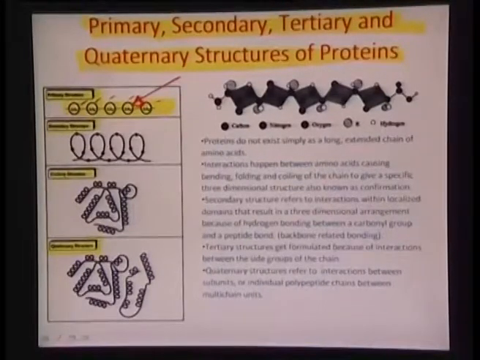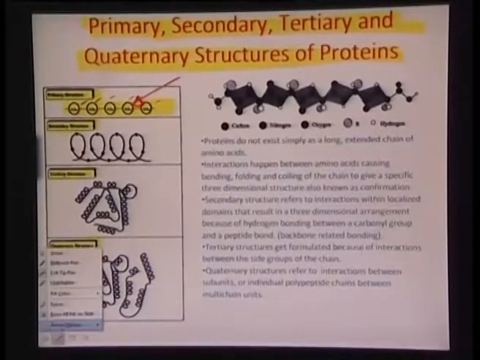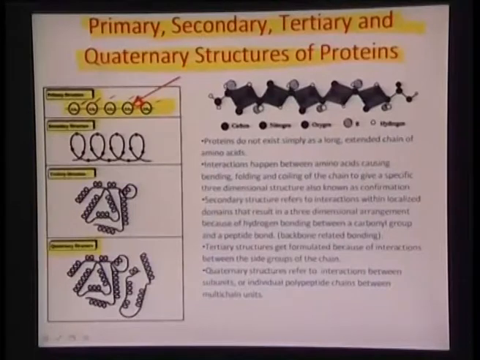Interactions between the amino acid chains cause the proteins to bend and fold. Interactions between the amino acids cause bending, folding and coiling of these chains, and eventually what emerges is a specific 3-dimensional structure, known as conformation, as I have been discussing before.